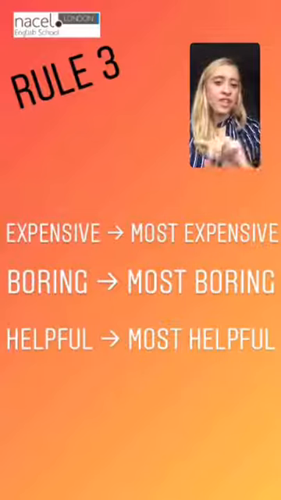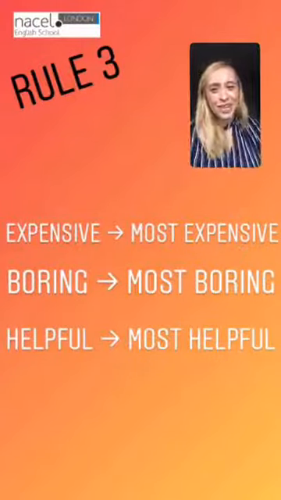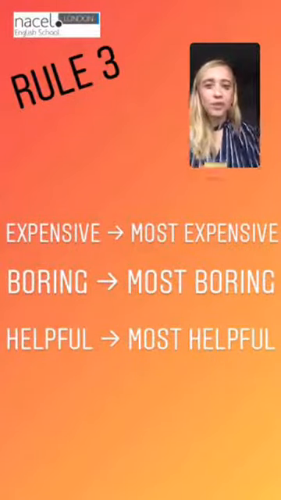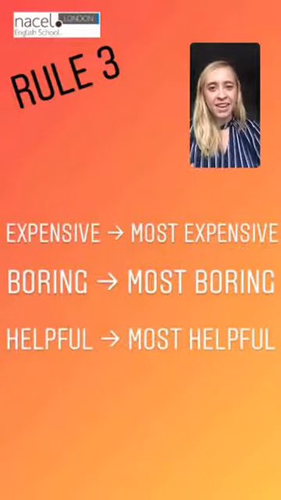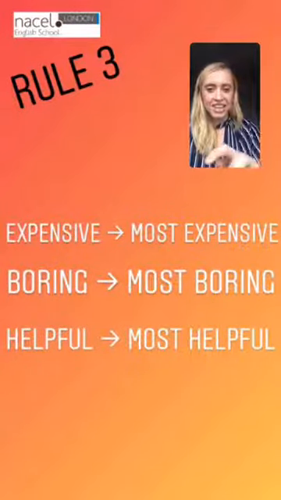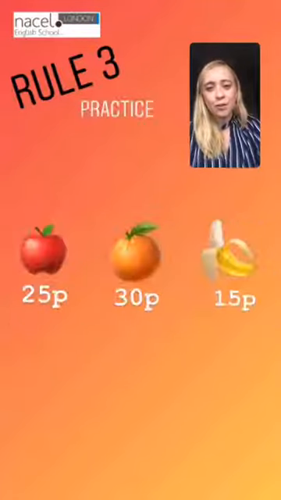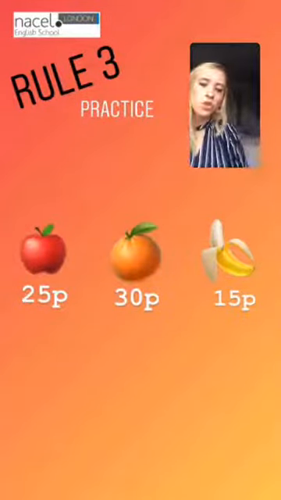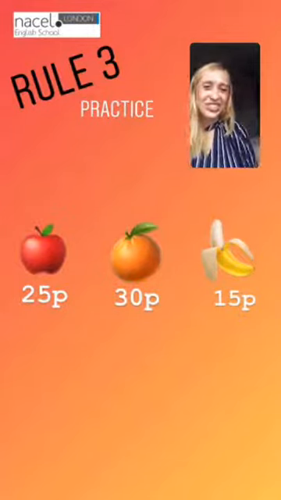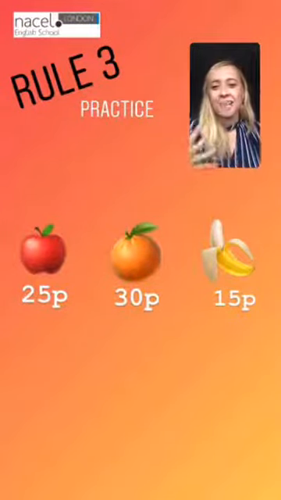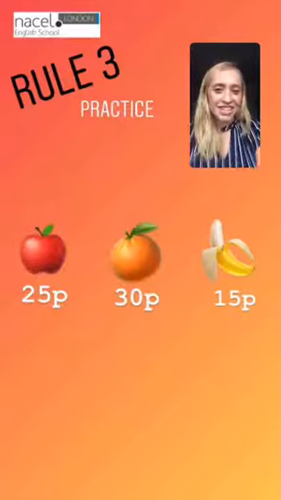So that's your 3 rules. And if you follow these rules, you can make superlative adjectives. Let's test you for rule 3. So on the screen, you should be able to see 3 pictures, and they are different types of fruit.